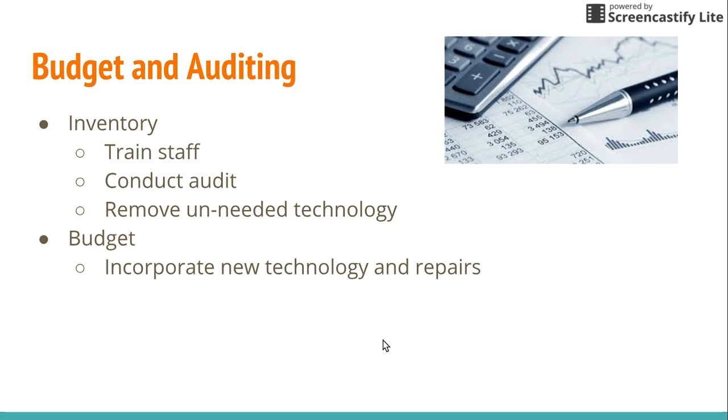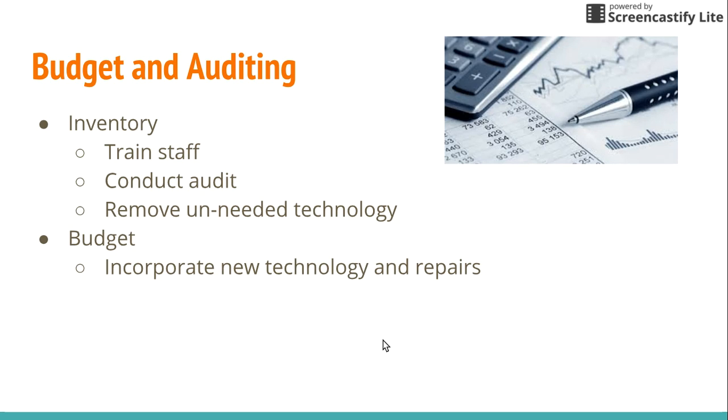The next thing that you need to include in your plan is strategies on how to budget and audit the actual things that you have in your room and classroom. So one of the things that you need to do is keep track of inventory, what technology you have in your classroom, technology that's in common areas, conduct an audit to make sure that everything is working properly and that it is actually being used, and then make that decision of whether you need to remove some technology to make room for some other new piece.